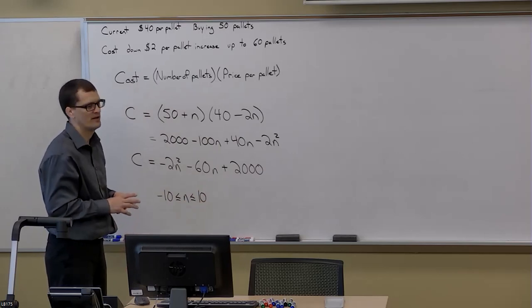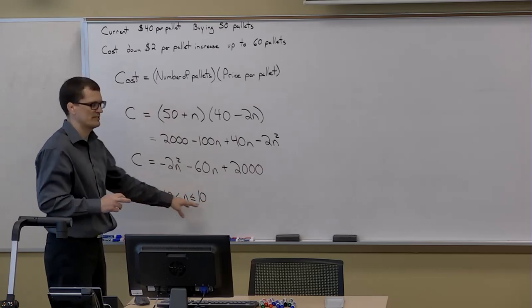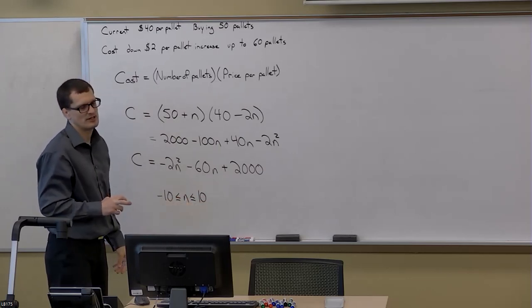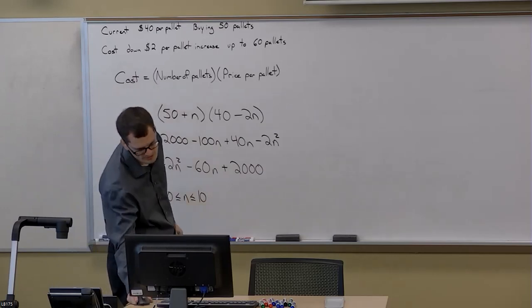All right. So on some problems you may see, oh yeah, this only works in this range. In our case, negative 10 to positive 10 is the only range that works.